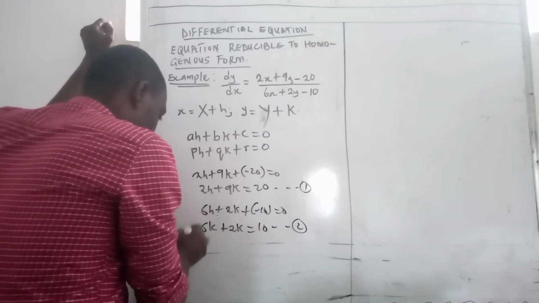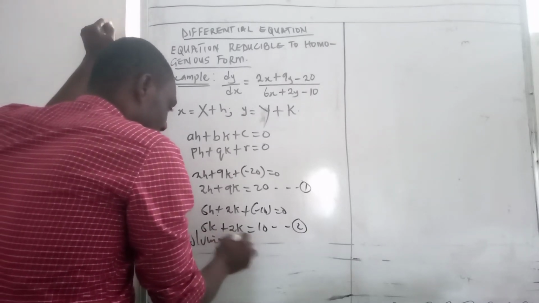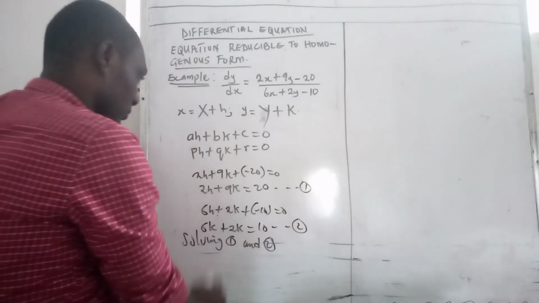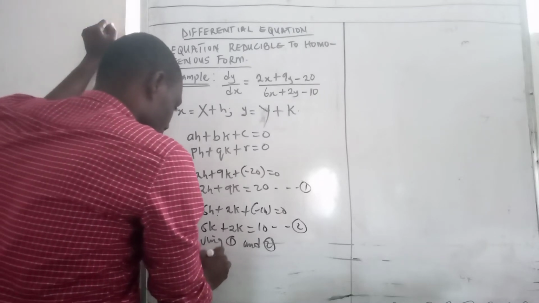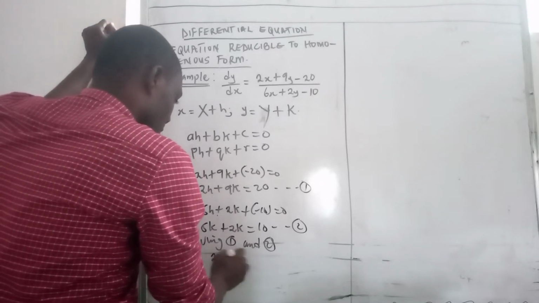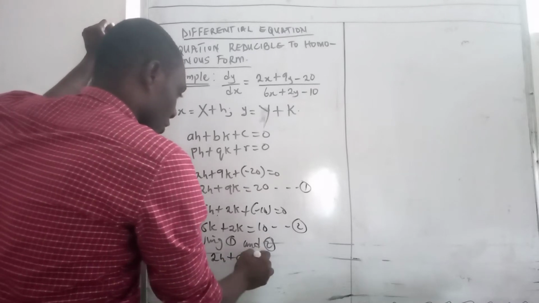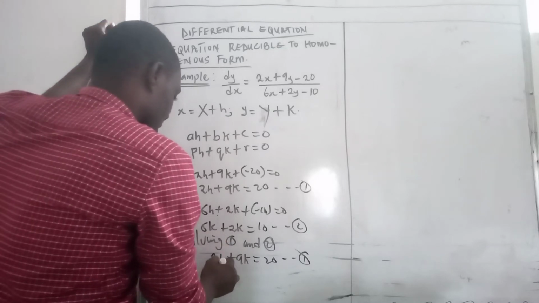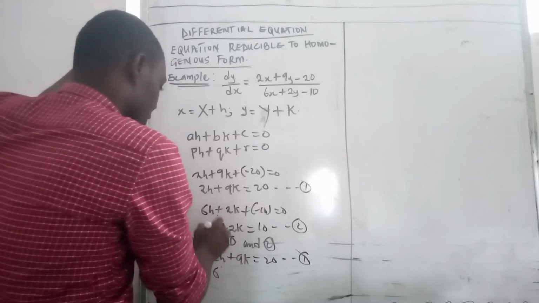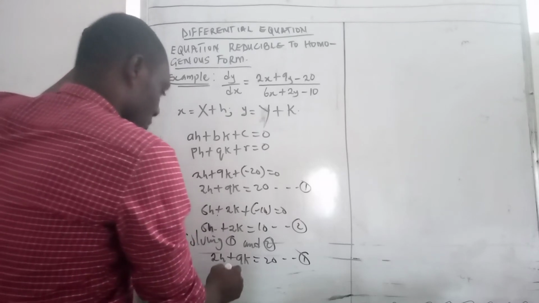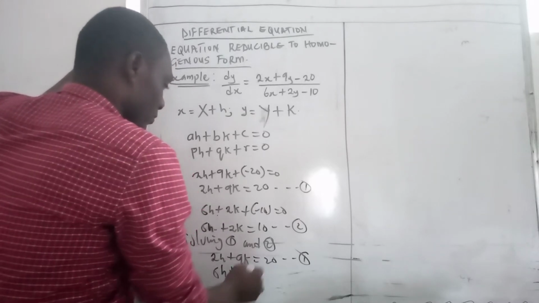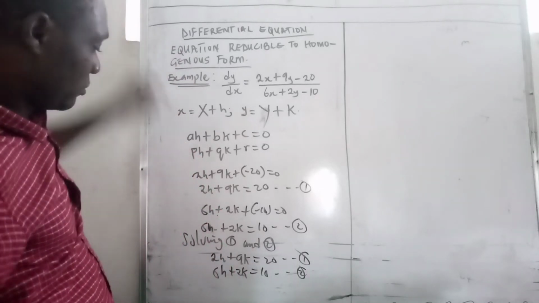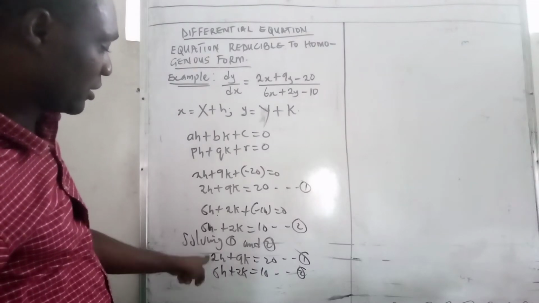So solving 1 and 2, I'm going to have 2h plus 9k equals 20, equation 1. Then I have equation 2, sorry, this is 6h. So I have 6h plus 2k equals 10, equation 2. So we can multiply equation 1 by 6 and equation 2 by 1.